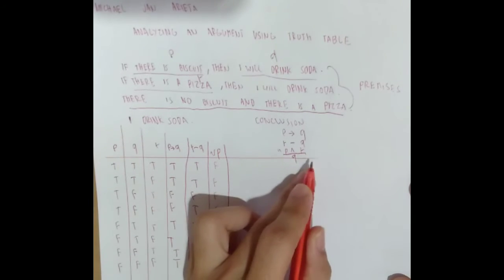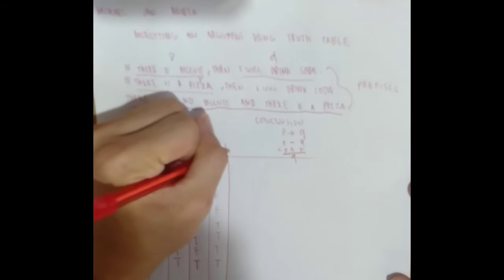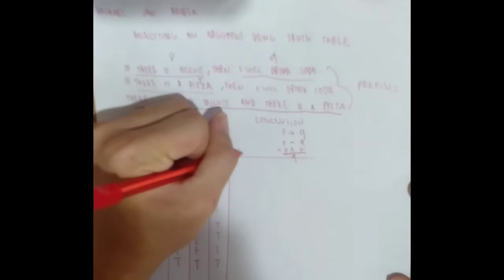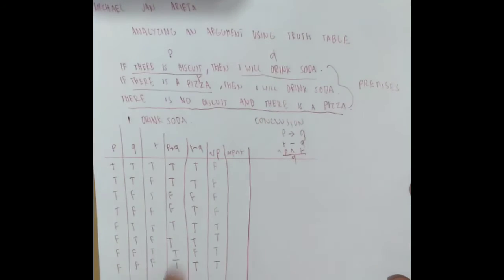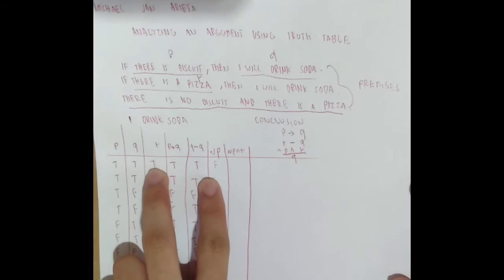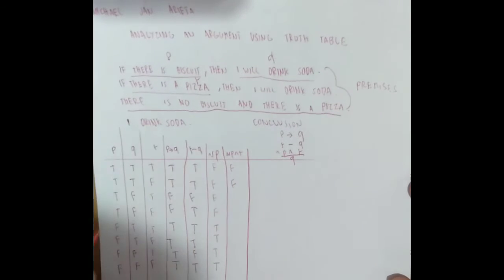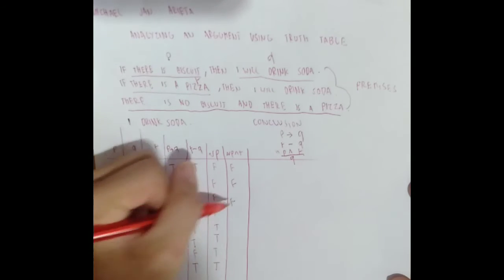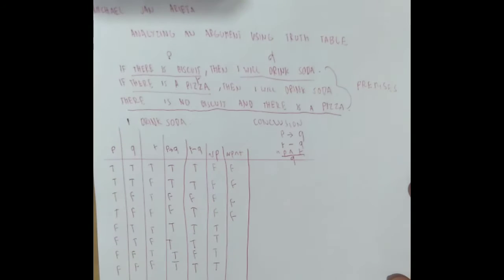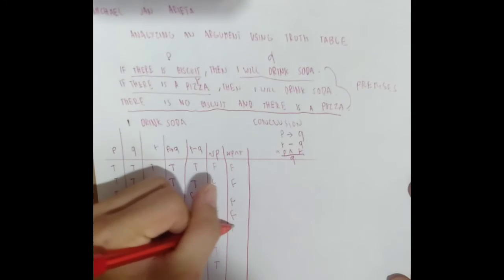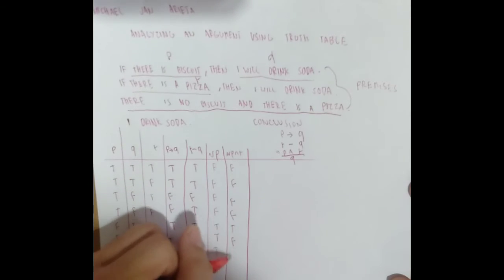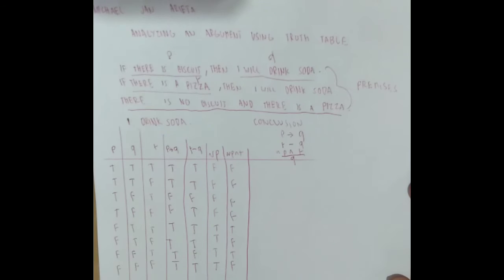Now we're going to make this column not P and R. For this to be true, I need 2 truths. So false, false, false, false, false, false, and here are the 2 truths, so true, and a false, then a true, then a false. Okay, that is all my premises.